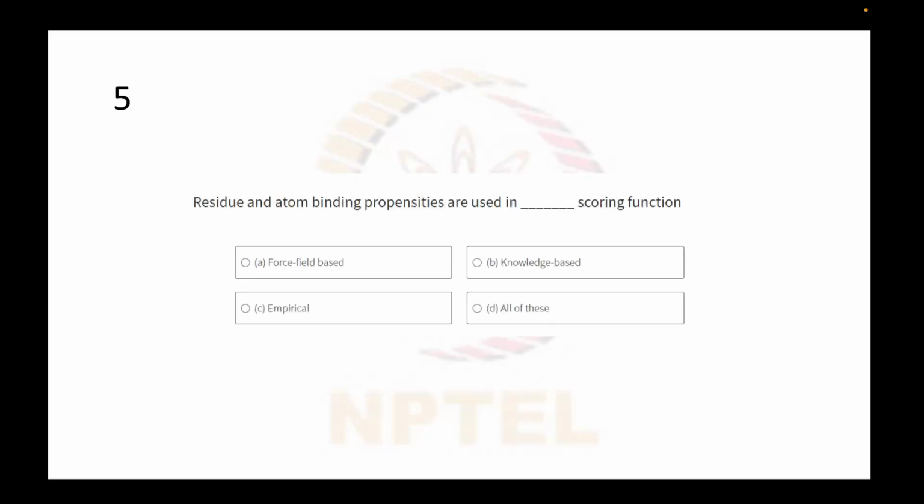So residue and atom binding propensities are used in what type of scoring function?